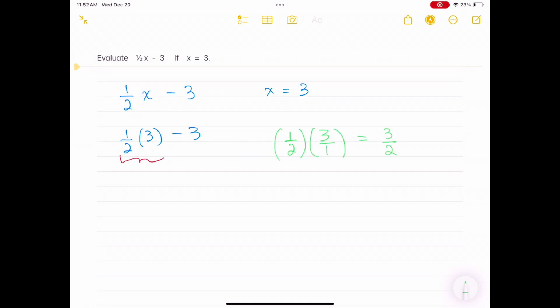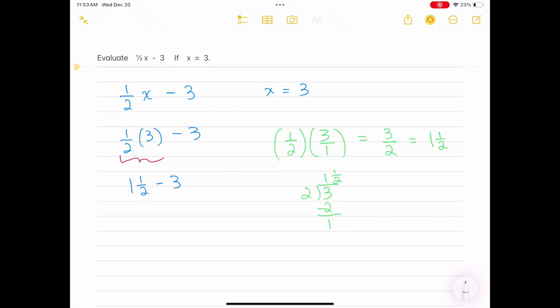First, we do the multiplication, 1/2 times 3 to the side, and we get 3/2, which simplifies to 1 and 1/2. And we go back to our equation, writing down 1 and 1/2 underneath 1/2 times 3, and we bring down the rest of the equation, minus 3.